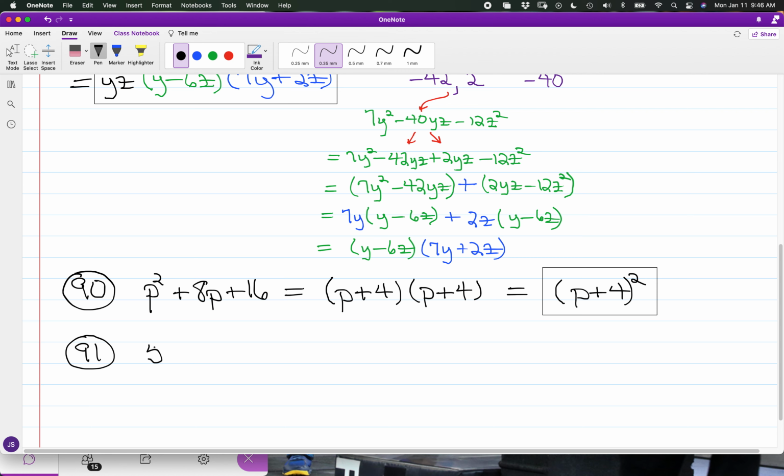For number 91, looks like we have the terms 50x cubed plus 160x squared y plus 128xy squared.